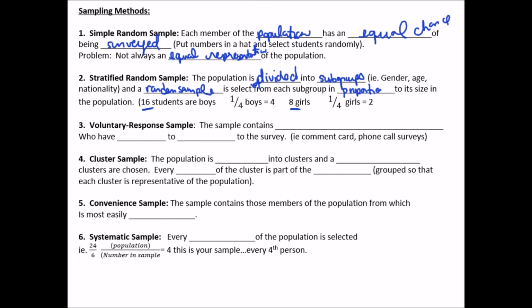Number three, voluntary response sample. The sample contains those members of the population who have chosen to respond to the survey.